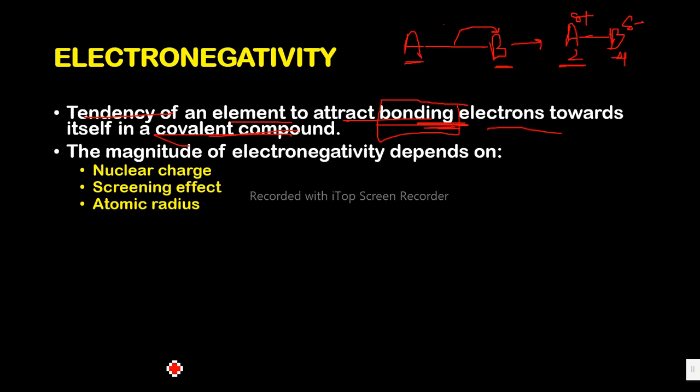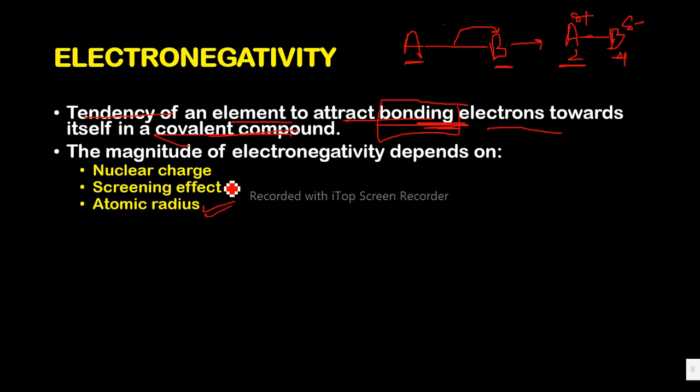The more electronegative atom attracts the bonding electrons towards itself, and the less electronegative atom loses the bonding electrons. Okay?